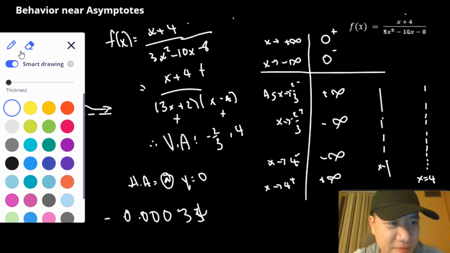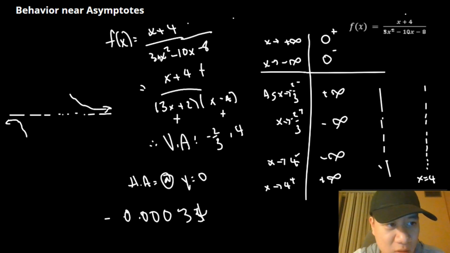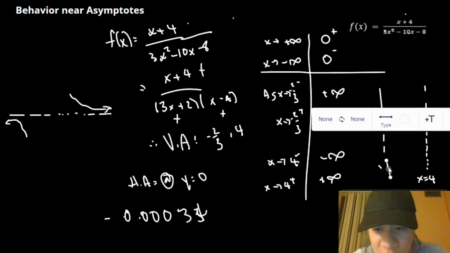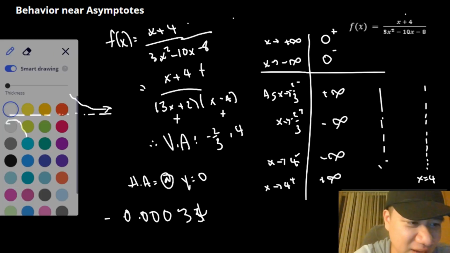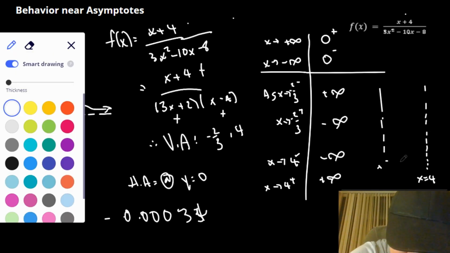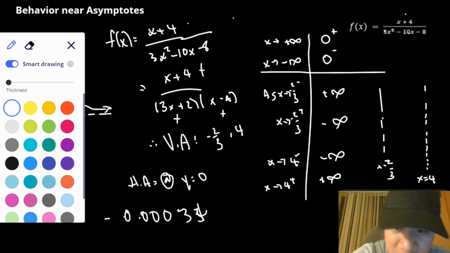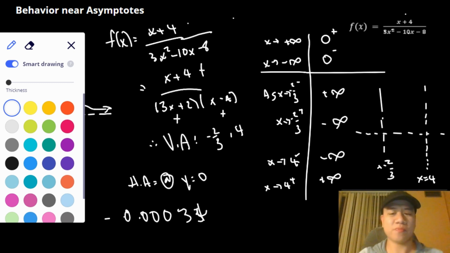Okay, I'm going to fix this up. For some reason it became a y. Okay. Negative 2 over 3. Okay. We got our horizontal asymptote. So we're just going to put it all together right now.